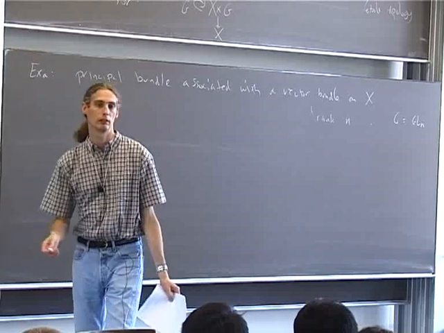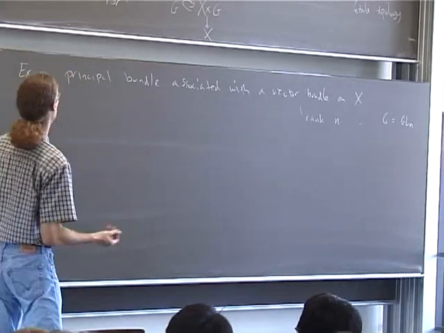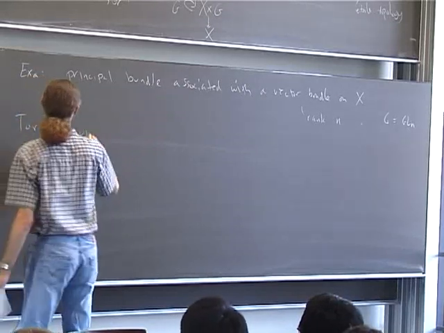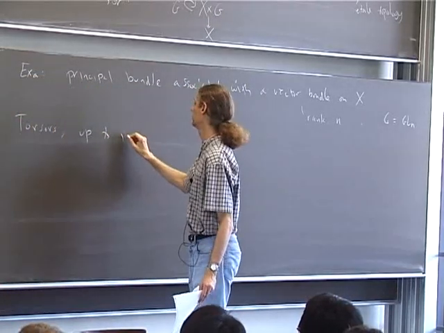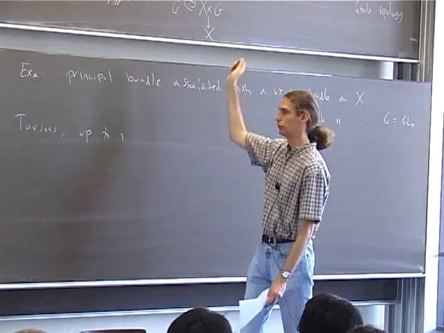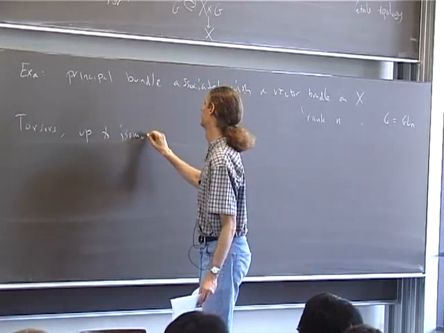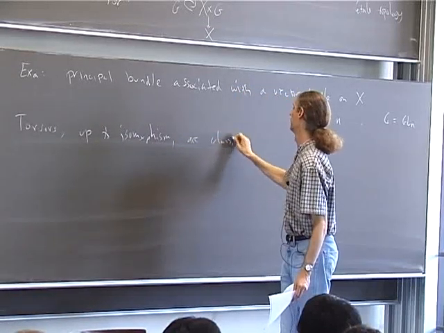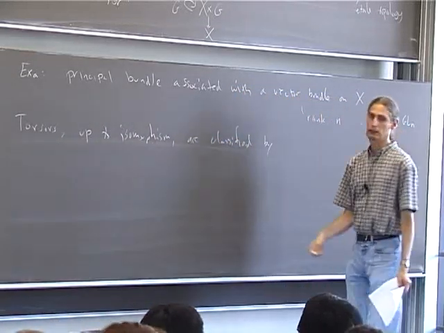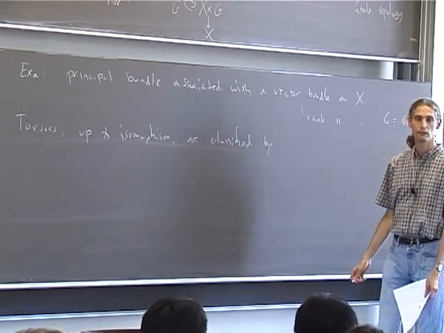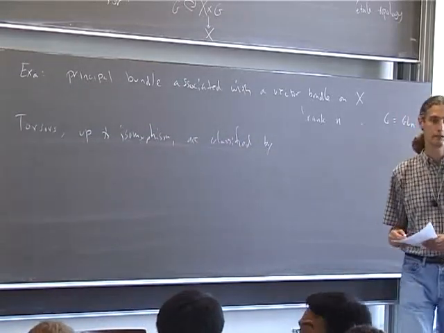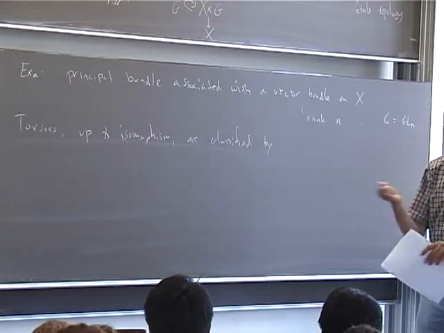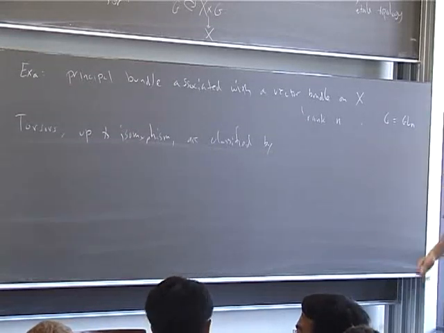Okay, so I warned you there would be some cohomology, and torsors up to isomorphism, so up to G equivariant isomorphism, are classified, yeah? Right, it's a frame bundle, exactly. The associated principal bundle is a frame bundle.